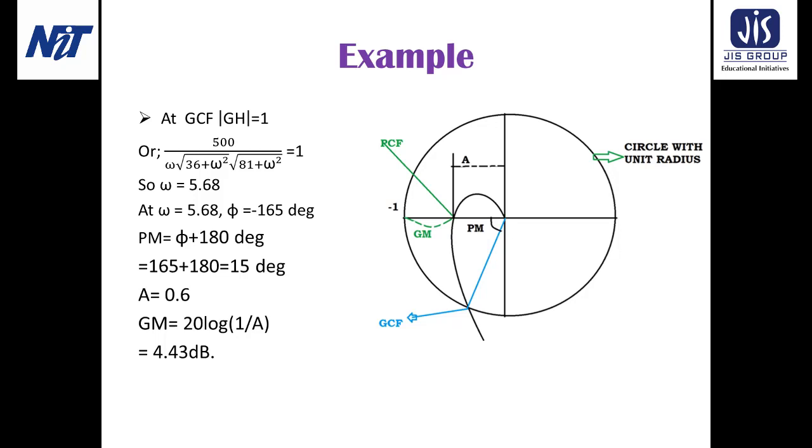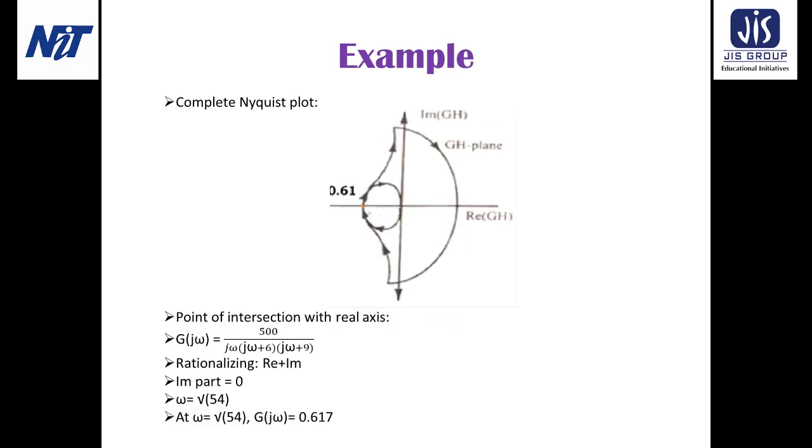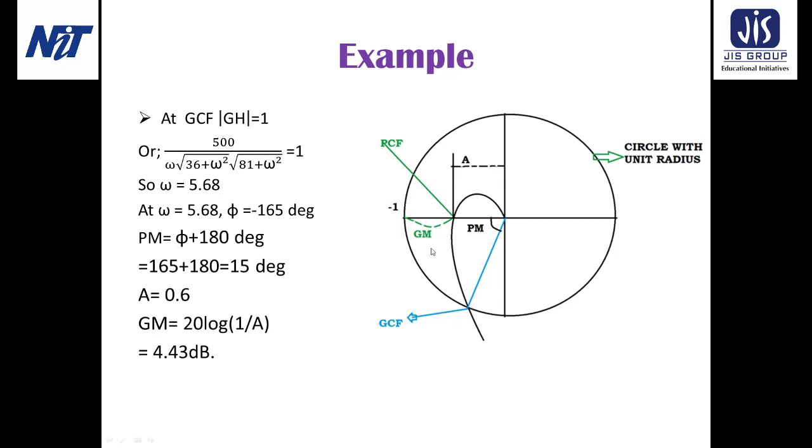Next we have to find the gain margin of the given system. To find the gain margin, first we need the point of intersection at this point. This point is the point of intersection with the real axis, which we found in the previous slide, that is 0.617. I have considered here 0.6, that means the magnitude is 0.6.